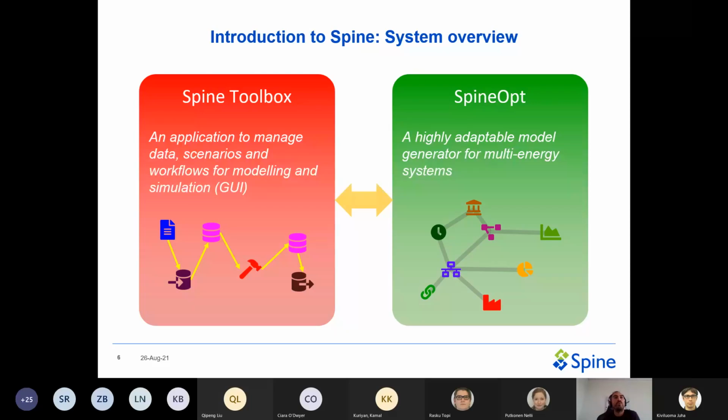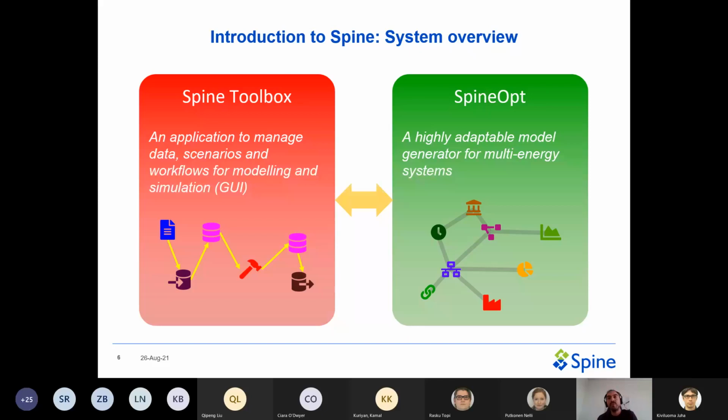The workflow represents some operation you want to do over some data, and you want to do it step by step. So for example, typically when it comes to energy systems modeling, you have your data in an input file, and then you want to pass that data to a tool that runs some optimization and then writes that data into an output file. And you can design those kind of workflows in a Spine Toolbox.